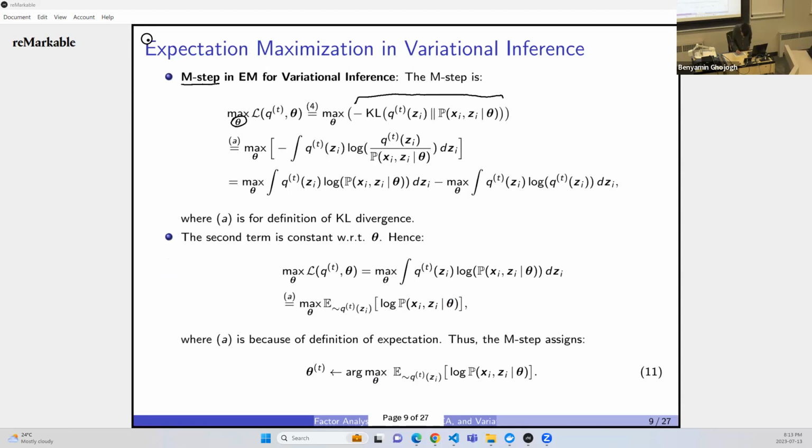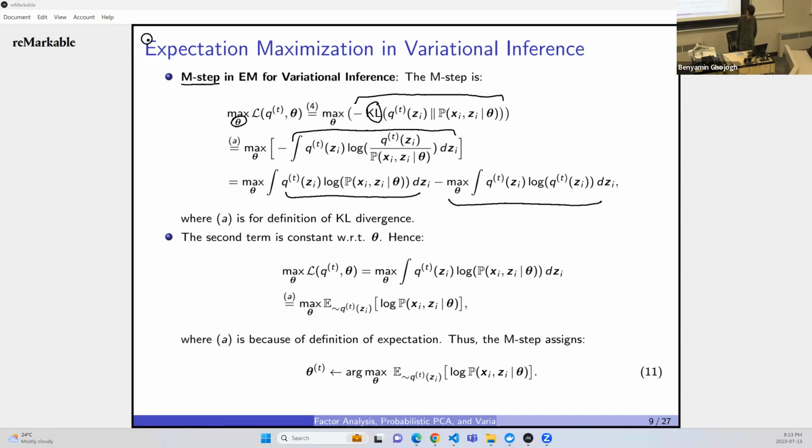So I have this, maximize this. Then I use the definition of KL divergence. I replace this KL divergence with this definition, and I will get this. Now I use the formula that the logarithm of A over B equals the logarithm of A minus the logarithm of B, so it gives me these terms.